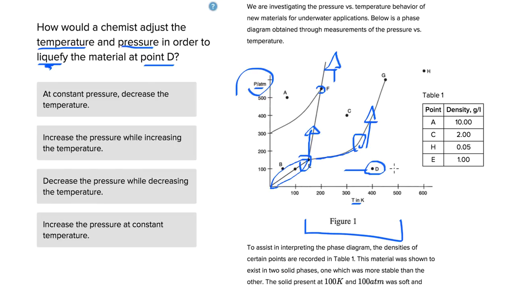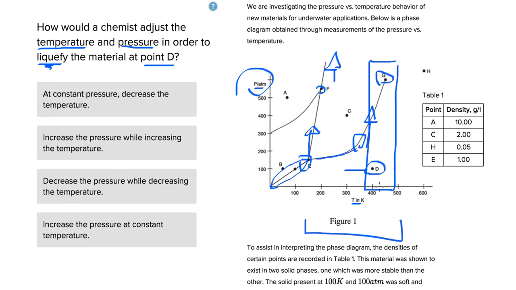So we would have to change it to maybe look a little more like G up here. I'm picking G because it happens to be at about the same temperature as D, somewhere in the ballpark of 400, 420 degrees Kelvin.